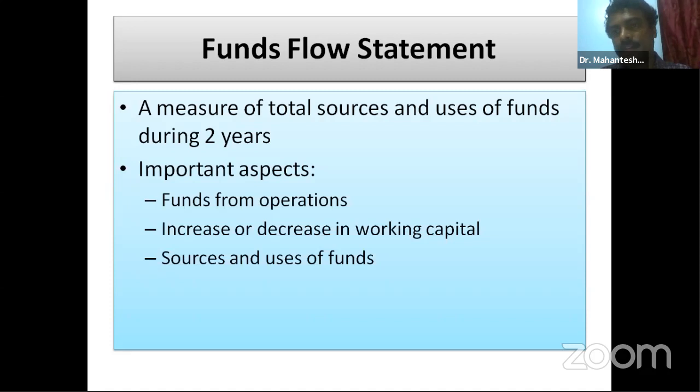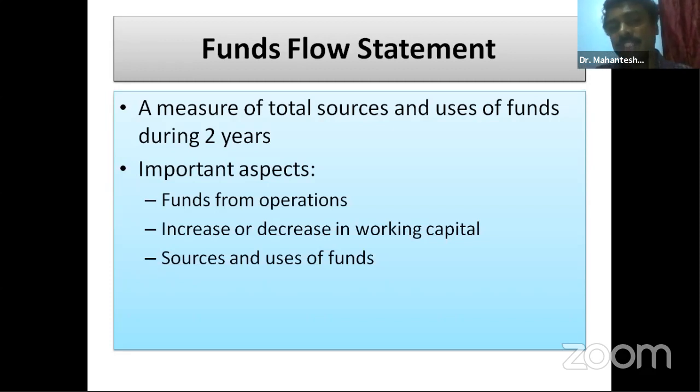I hope you understood the concept of funds from operations. So in the whole process of identifying the funds from operations, what we have done is purify the diluted net profit. Purified net profit means what? The net profit which has evolved purely from the business activities only. We have discarded, we have taken out all the non-core items which were included in the net profit in the form of the P&L account.